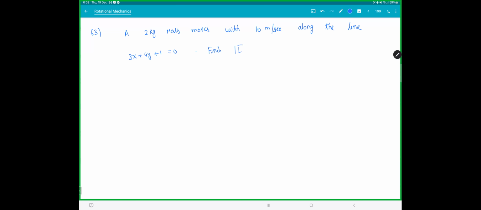Find the magnitude of the angular momentum about the point 1, comma 1, or let's say 2, comma 3. Doesn't matter. I just want the magnitude.